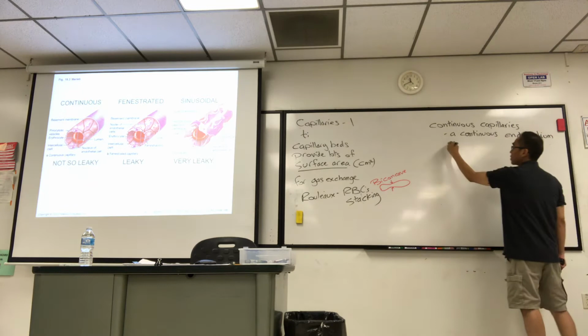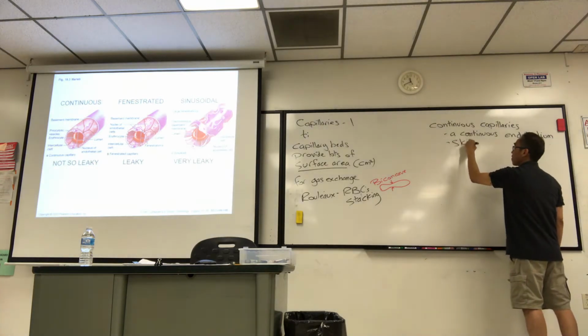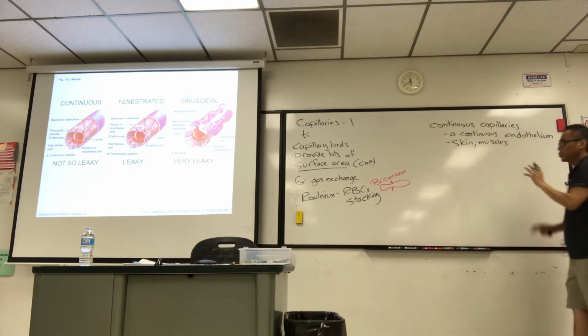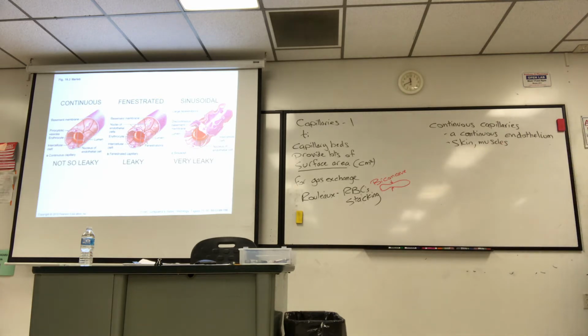So for example, skin, muscle, are good places where you want to limit the exchange. For example, skin is a membrane barrier to protect against infection, so that kind of helps keep infection out, to have capillaries that are not so leaky.